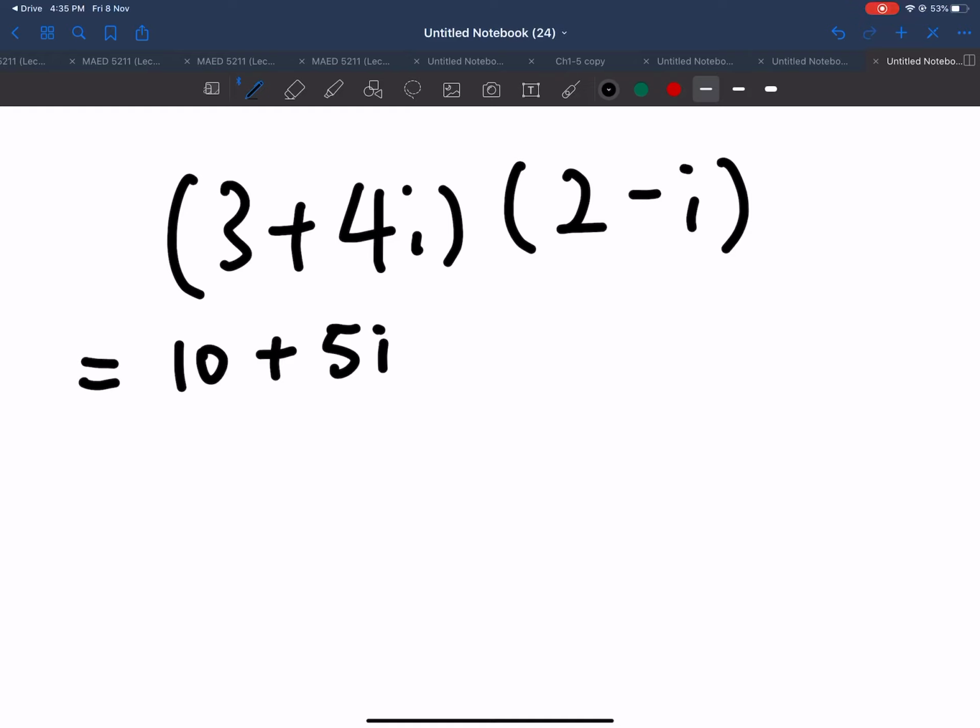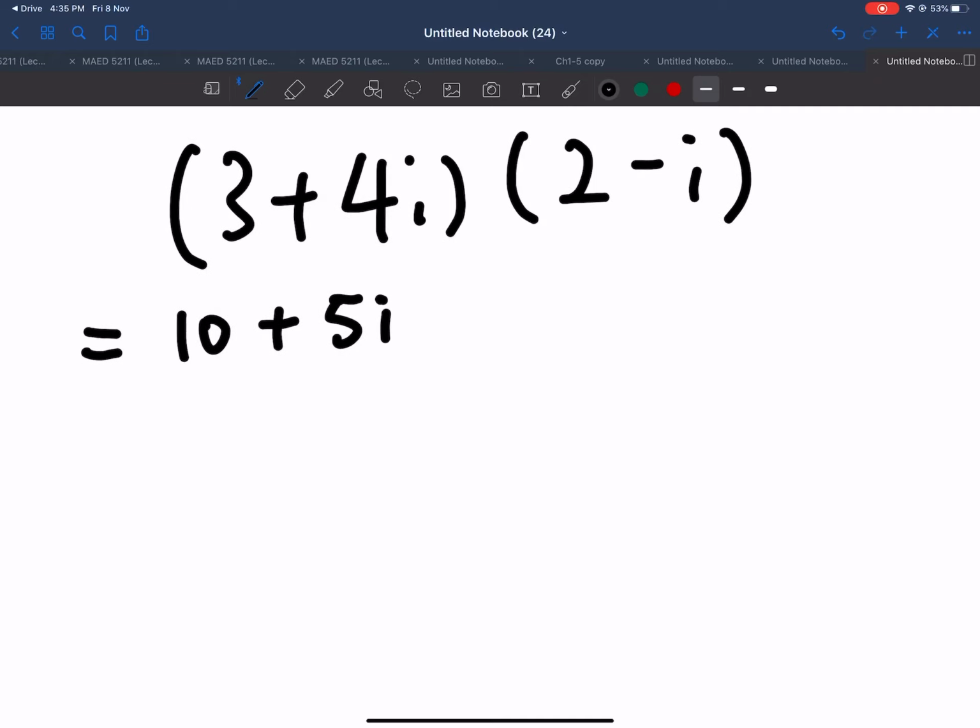And you can also check your answer with your calculator. Do you know where the i is? It's under English. About 10 plus 5i. Yeah. Okay.